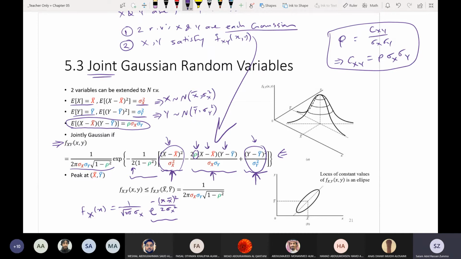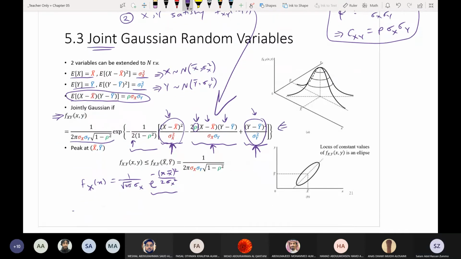So if rho is zero, what do we get, guys? What do you think? If rho is zero, what does f xy look like? Two functions multiplied by each other.